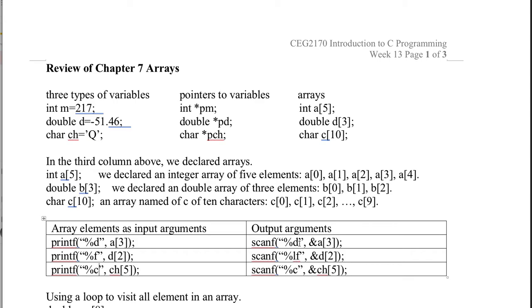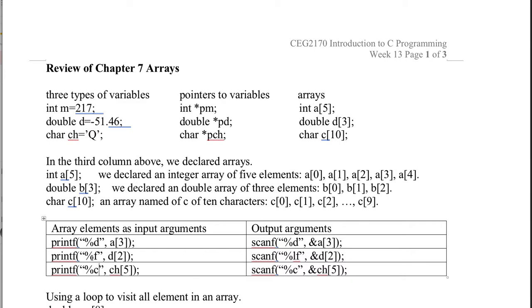And now, when you want to have an array element as the output of a function, remember, do use the ampersand. It's the same for all three types: %d, %lf, %c. And again, I hope you still remember the way to print out a double type.